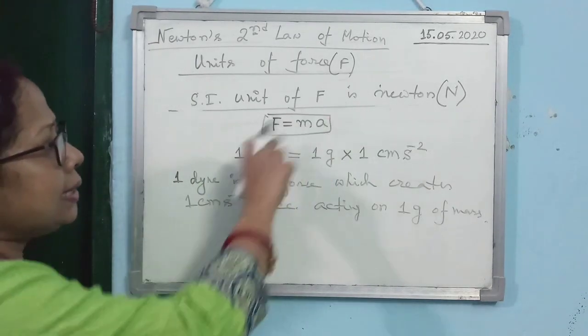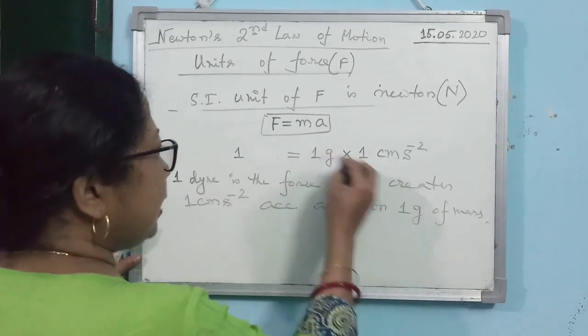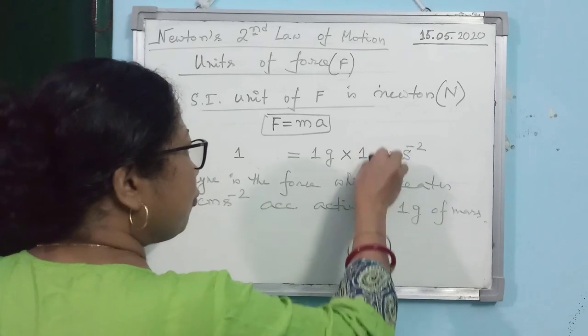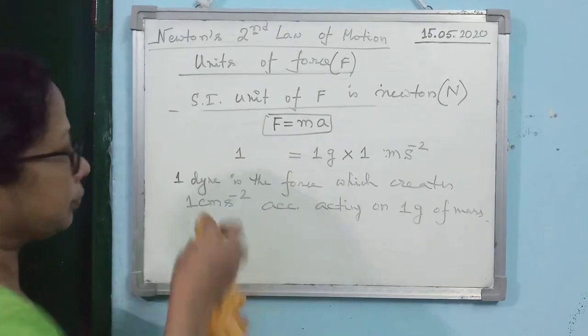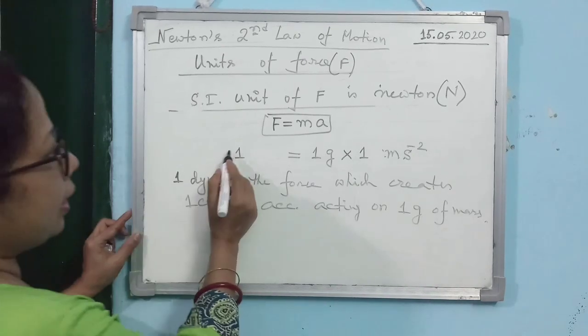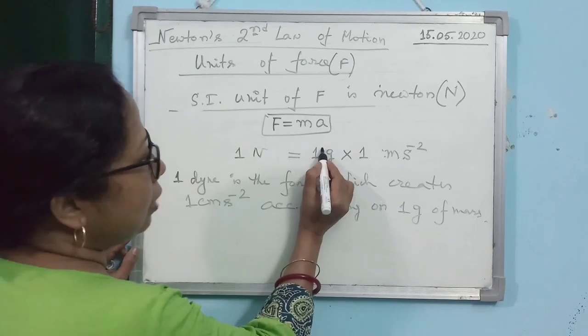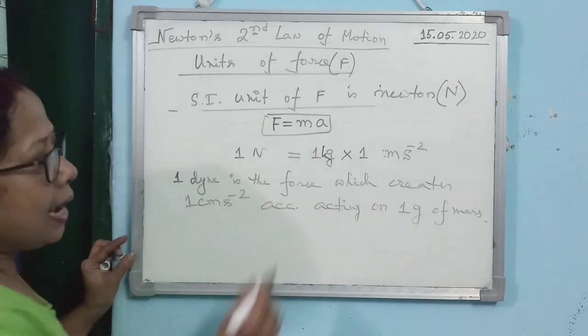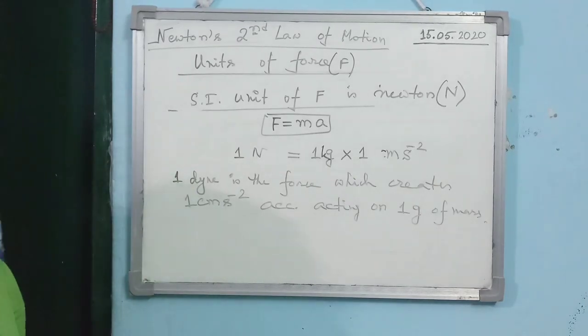So you see, in this case, if I apply the same formula again, then how will you modify the relation? Just see what will happen. F is equal to 1 Newton, then mass will be equal to 1 kg and acceleration will be 1 meter per second square. Is that clear?